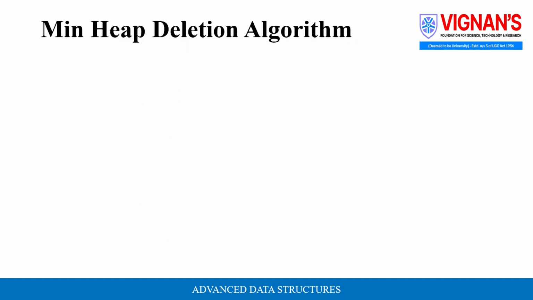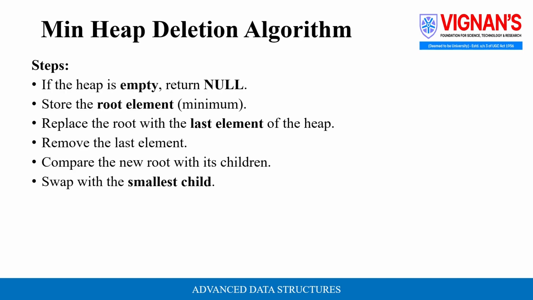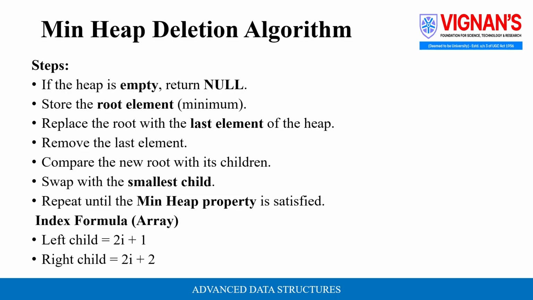Now, let us understand the algorithm steps for extract minimum in a min heap. First, check whether the heap is empty. If the heap is empty, return null, because there is no element to remove. Next, store the root element, which is the minimum element in the heap. Then, replace the root with the last element of the heap.